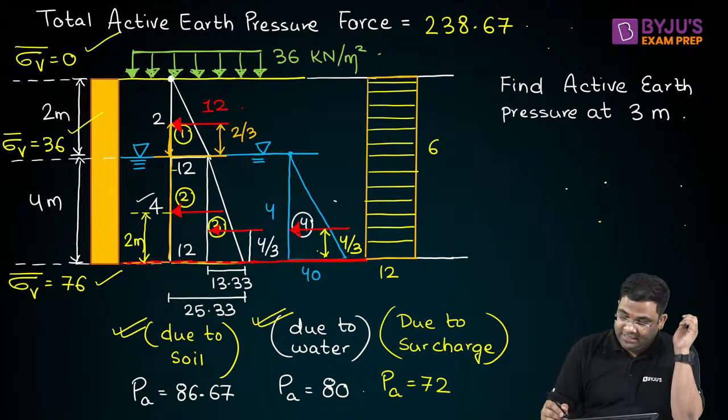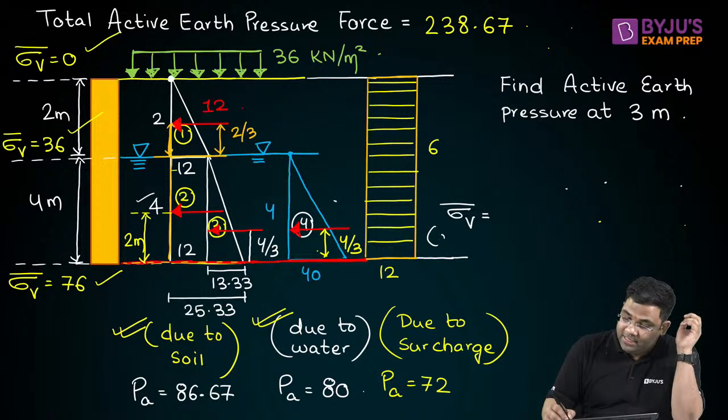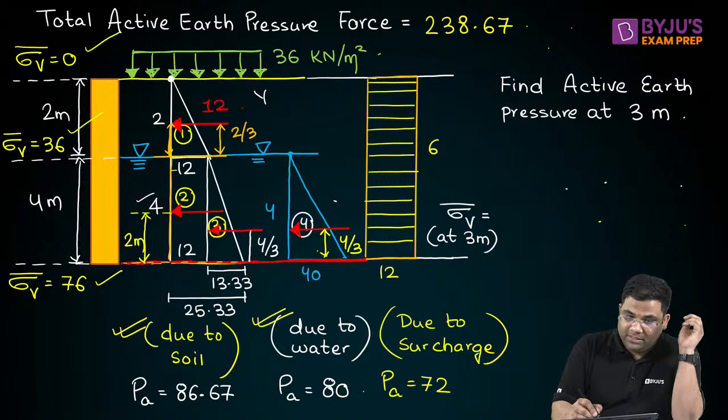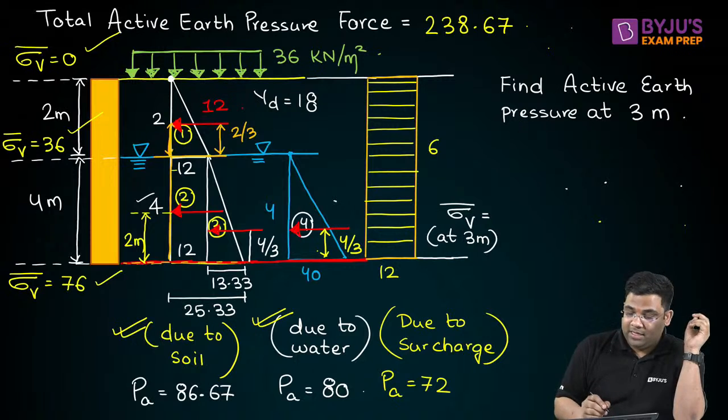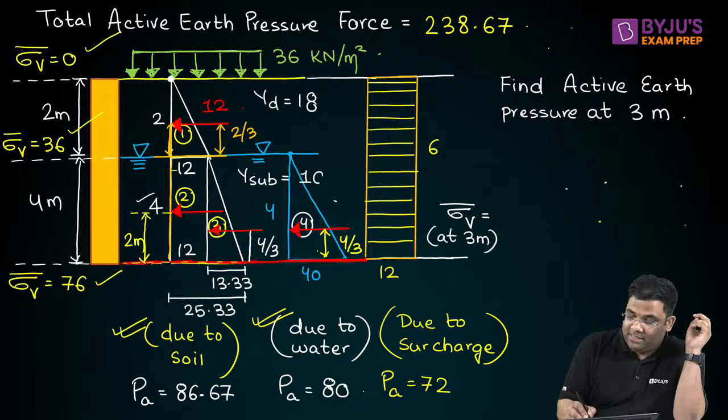First, you need to find the vertical stress at 3 meter. At 3 meter, the vertical stress will be how much? Gamma D here was 18, and gamma submerged, I'm giving you the value, was 10. These two values you might have forgotten.